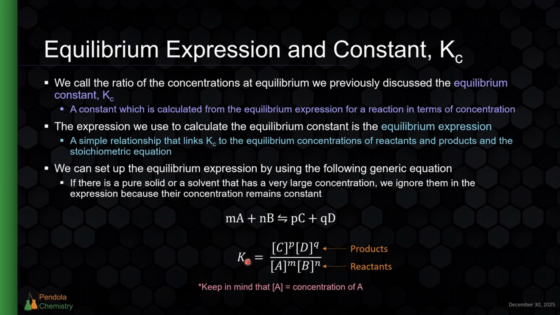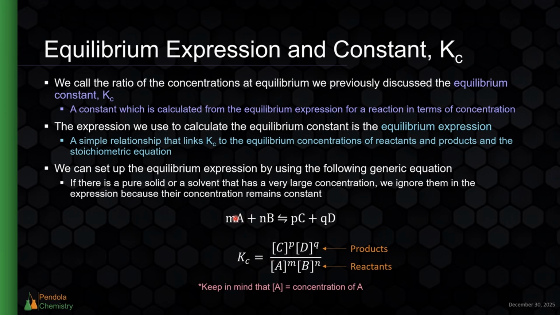If we do a ratio, and a ratio is just really dividing two things, right? So if we do a ratio of the product concentrations, so the concentration of C times the concentration of D, to their coefficients as an exponent, so C to the P, because P is the coefficient for C, D to the Q, because Q is the coefficient for D. And then we divide that by the reactants in the same manner.